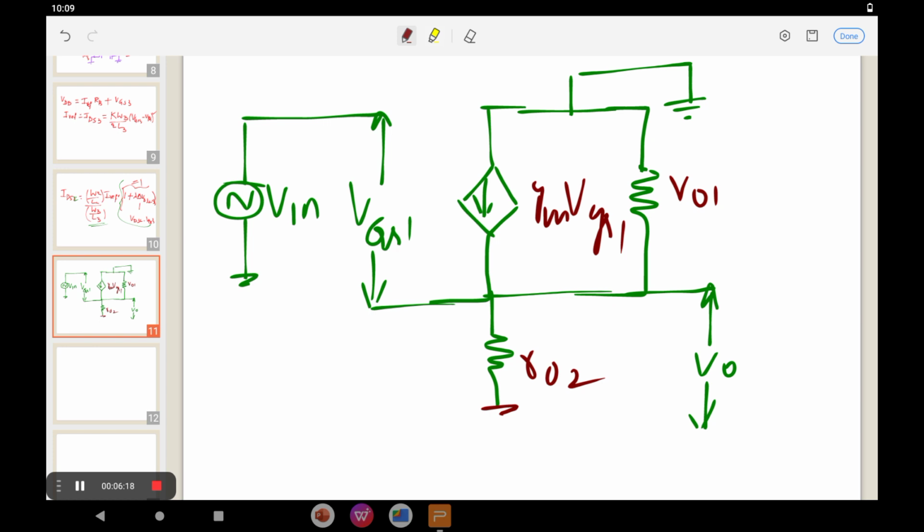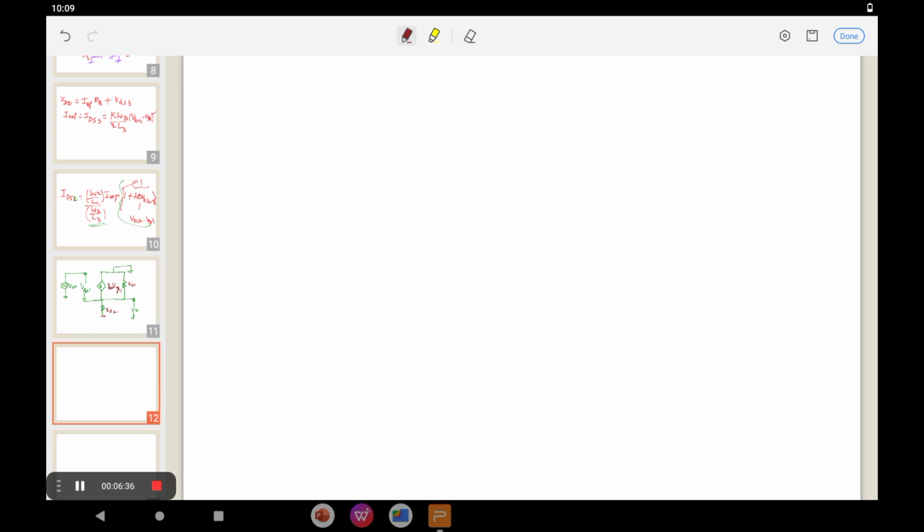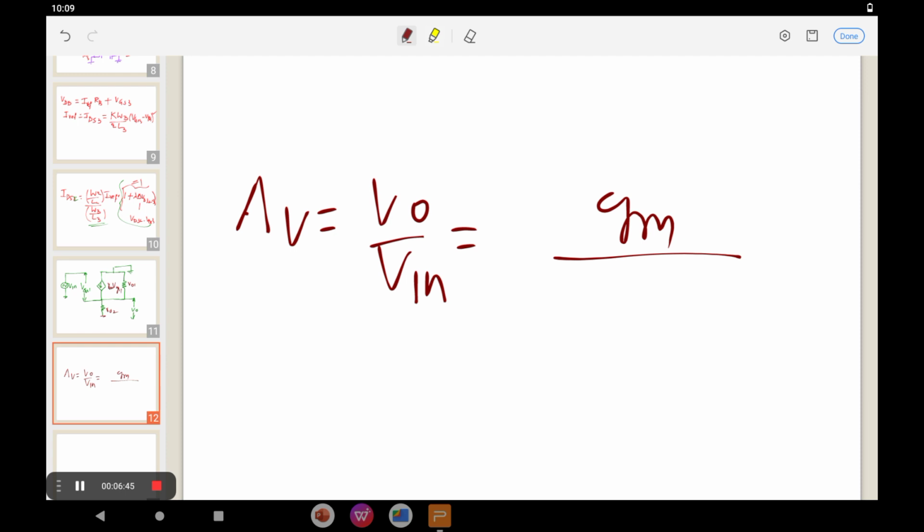In this case, to find the voltage gain, AV is equal to V0 by Vin, which is equal to gm1 divided by gm1 plus 1 by R01 plus 1 by R02.